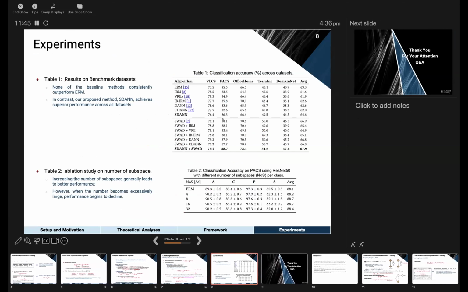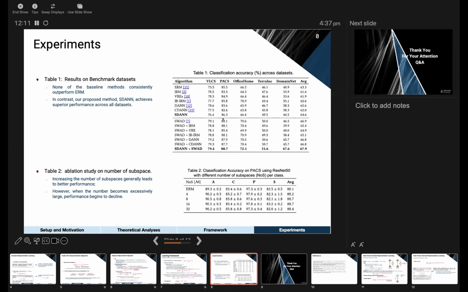And here is our experiment. We evaluate our method on well-known domain generalization benchmark datasets, and the results show that our method consistently outperforms the baselines on all datasets. And the second one is the ablation study about the number of subspaces.